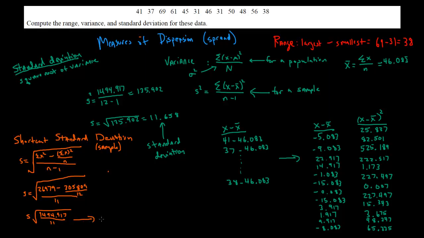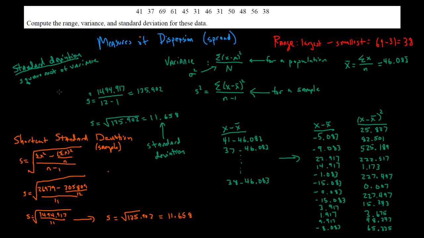Which tells us that S equals the square root of, if you divide that, 135.902, which equals 11.658.